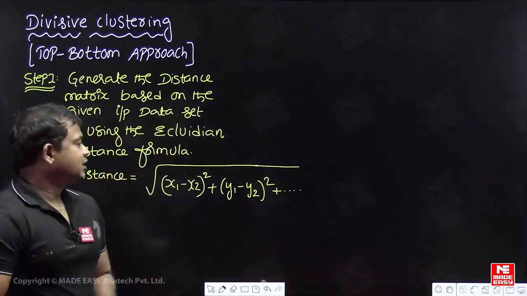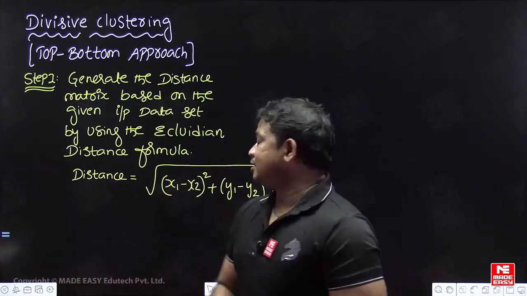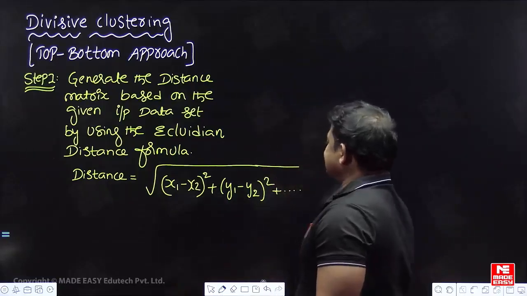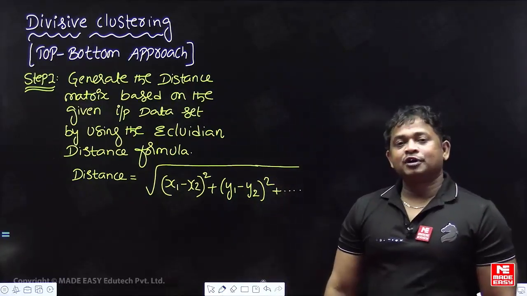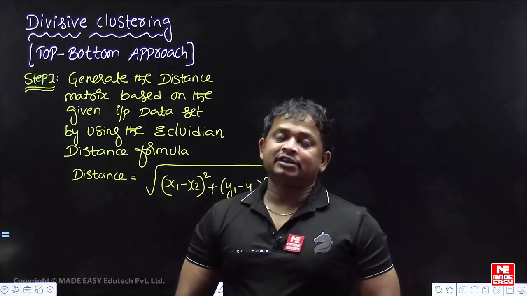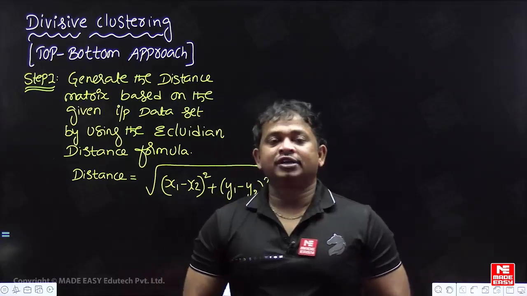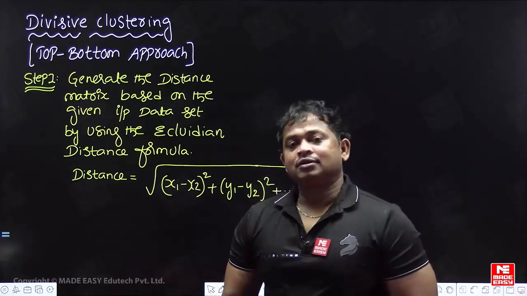So how many input parameters are given? Based on that we are taking the distance like this. If only one column is given, that will be denoted as x. If two columns are given, that will be denoted as x and y. If three columns are given, that will be denoted as x, y, z and so on.